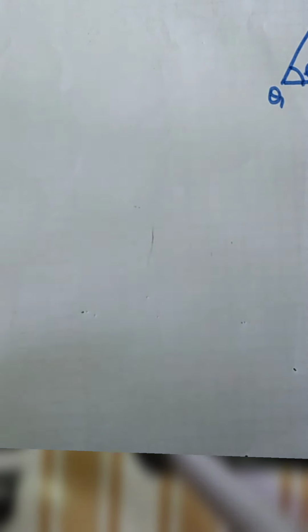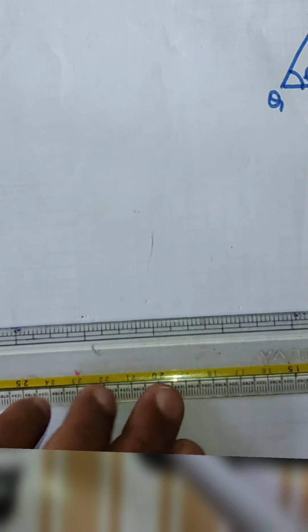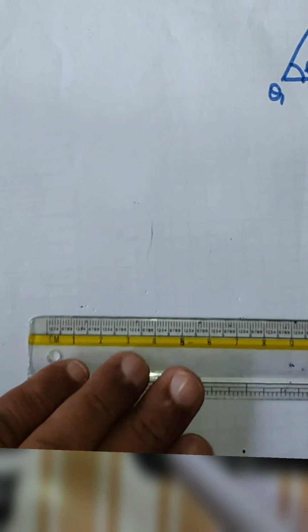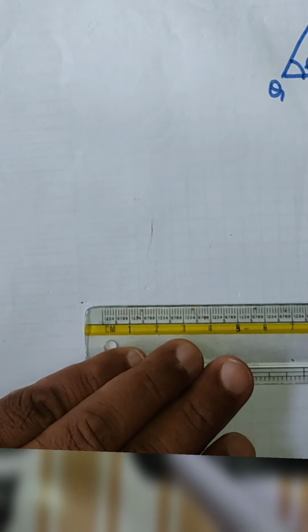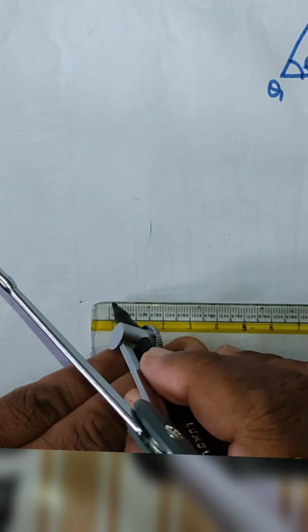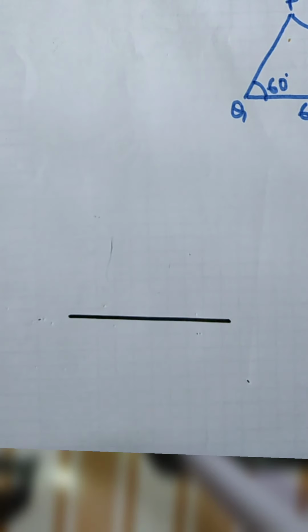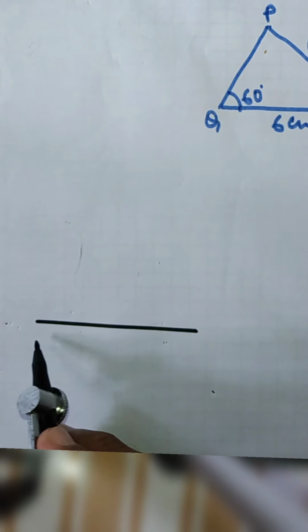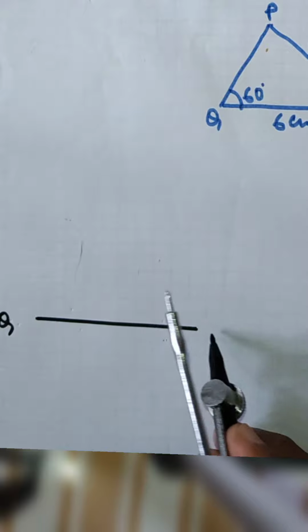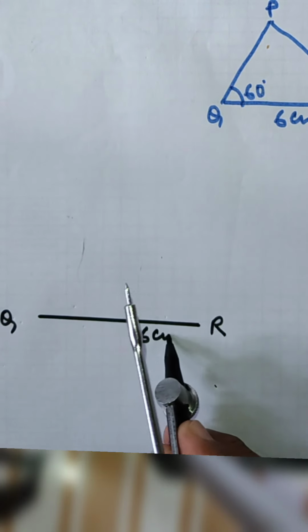Now we will start to construct the triangle. At first we will draw a line segment of 6 centimeter. This is the line segment QR of 6 centimeter.